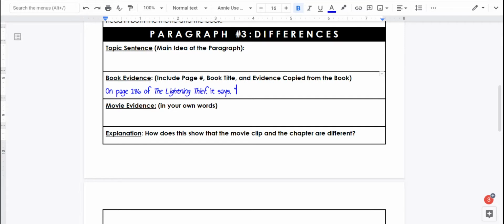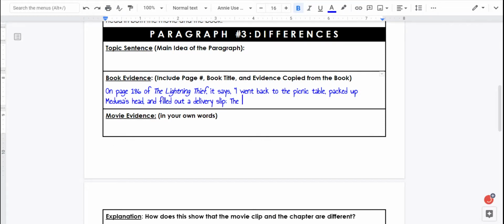So looking on page 186, I'm going to copy the exact sentence that says, I went back to the picnic table, wrapped up Medusa's head, and filled out a delivery slip with God's Mount Olympus.